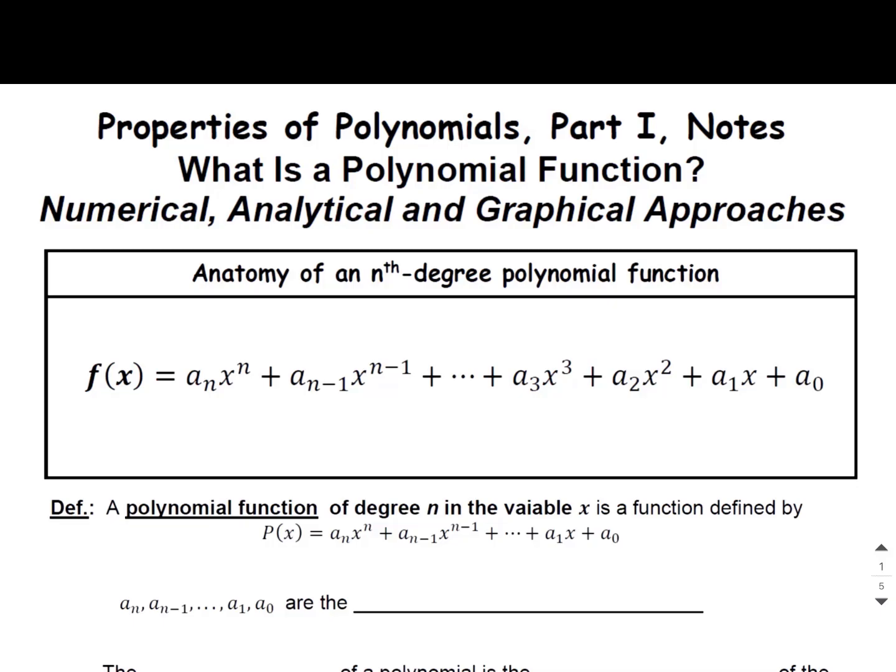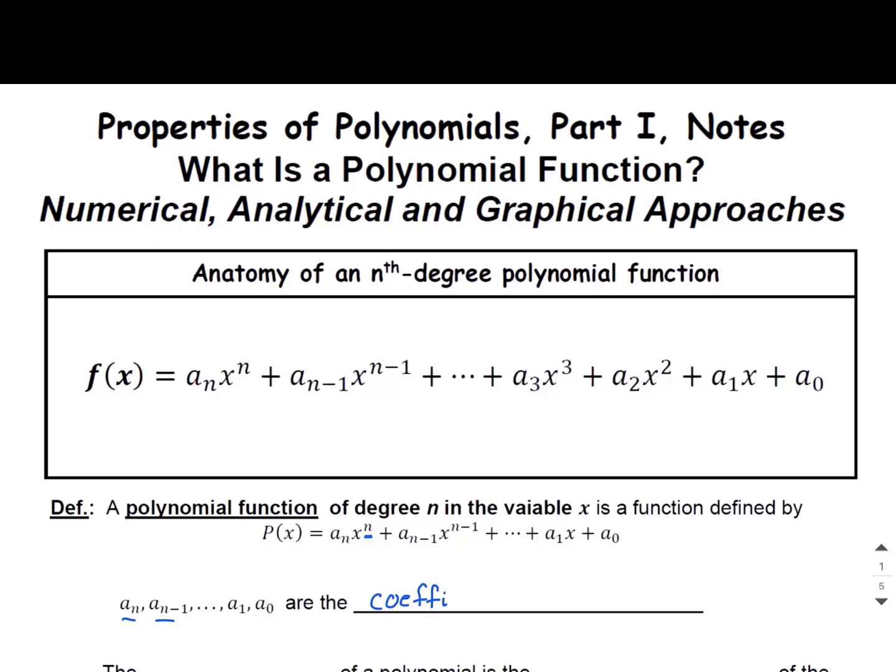That's it. Okay, so a polynomial function of degree n in the variable x means that the highest power of x is n. That's why it's an nth degree. And all these numbers, a sub n minus 1, a sub n minus 2, a sub 3, a sub 2, a sub 1, a sub 0, they are just coefficients.